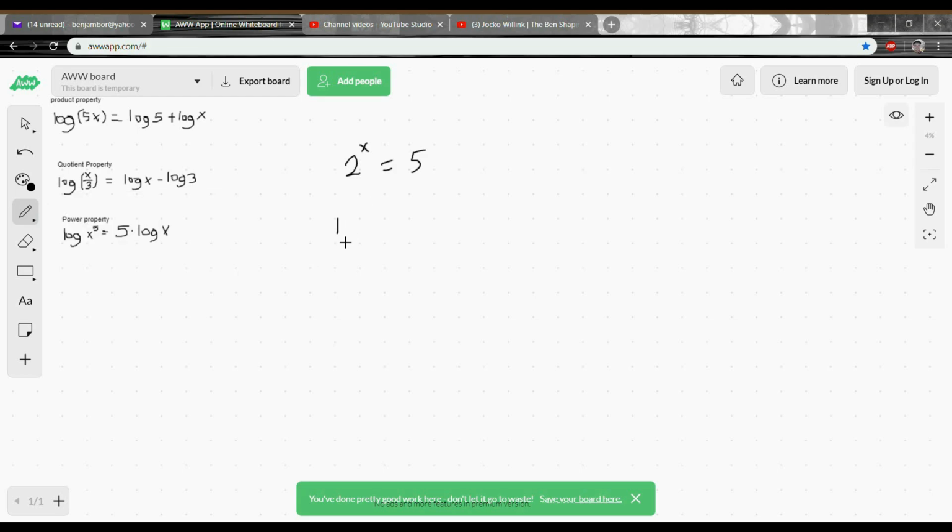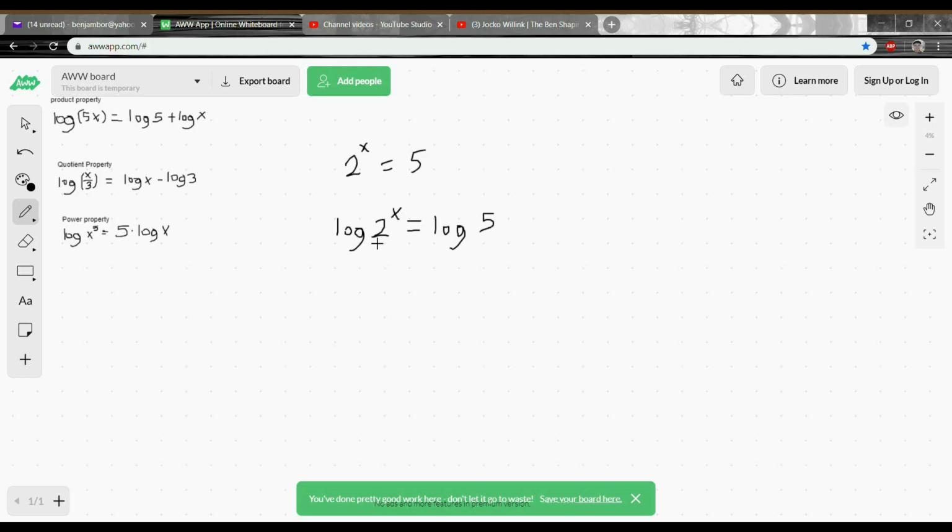So what if we took the logarithm, now this is base 10, but we're not going to write it because it's understood, the logarithm of 2 raised to the x, and set that equal to the logarithm of 5. These two are still equivalent.